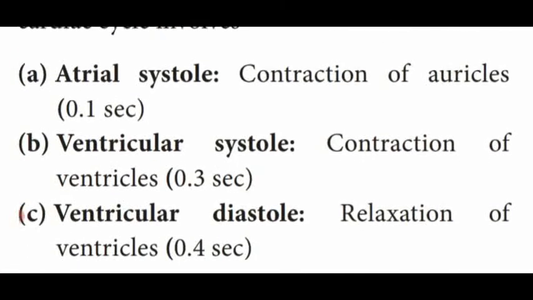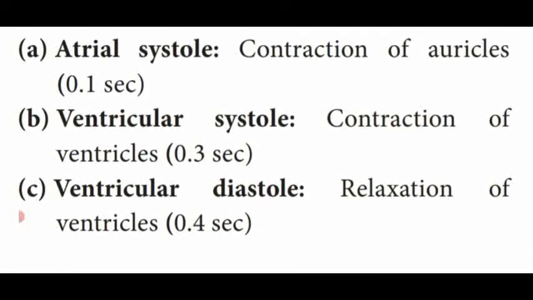One is atrial systole. What is systole? The contraction process of a cardiac muscle is known as systole. Here, the auricles contract. That is known as atrial systole. It takes about 0.1 second. Then ventricular systole, that is contraction of the ventricles.